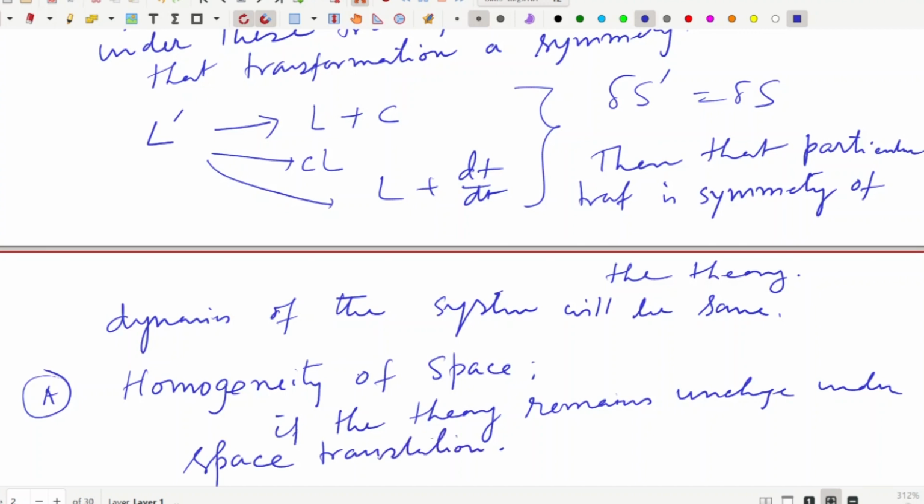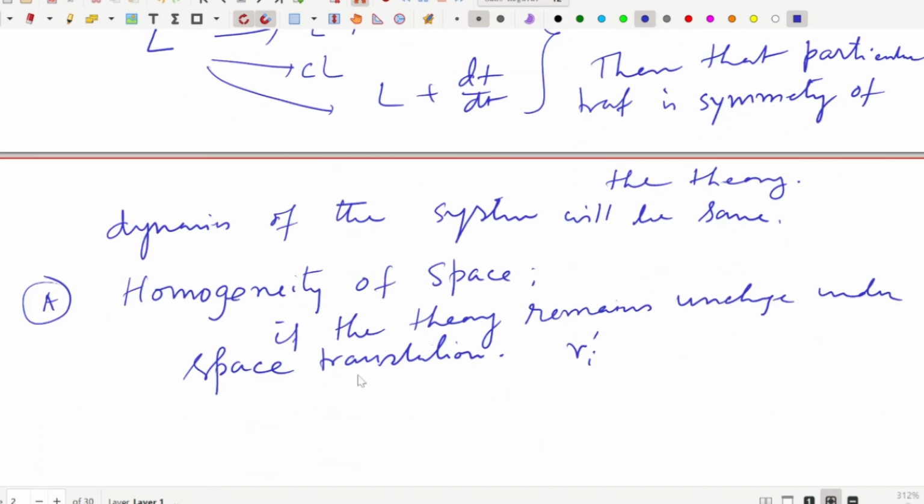We already defined the space translation: for each coordinate, Ri prime will go to Ri plus some constant c. This is also called translation in space.